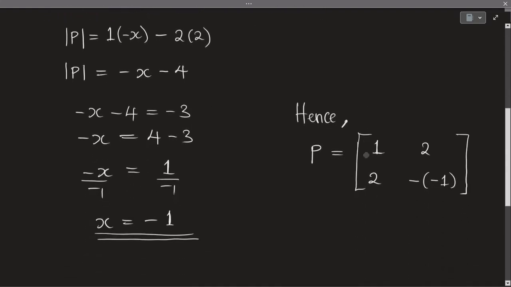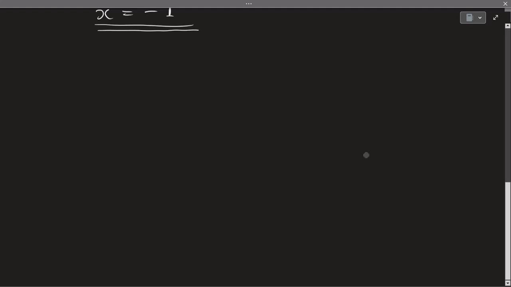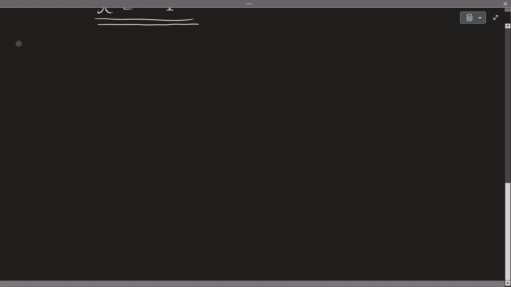If you can remember how we are supposed to find the inverse of P, the first thing is we're supposed to find the determinant, but we already have the determinant, so we need to find the adjoint. And if you can remember, we said that the inverse of a matrix is equal to 1 divided by the determinant of that matrix multiplied by the adjoint.